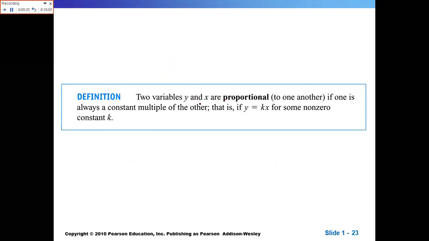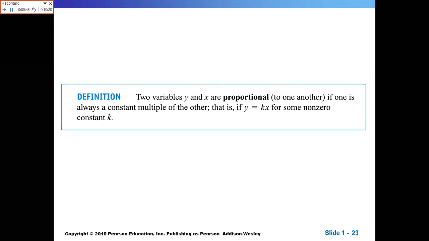Okay, so two values x and y are proportional to one another if one is always a constant multiple of the other, like y equal to k multiplied by x. Let's take a look at what will happen if we multiply a variable by k, like y equal to kx. We're going to see what the impact of this will be.